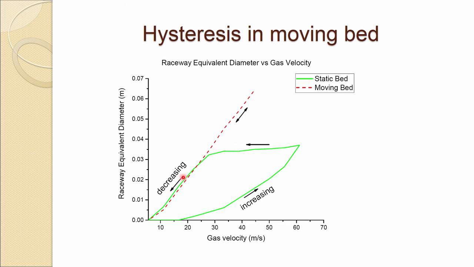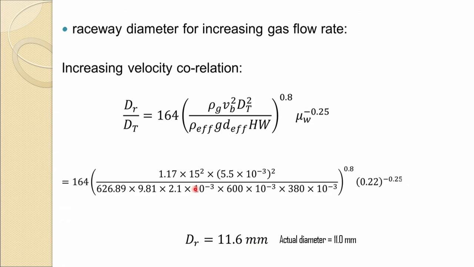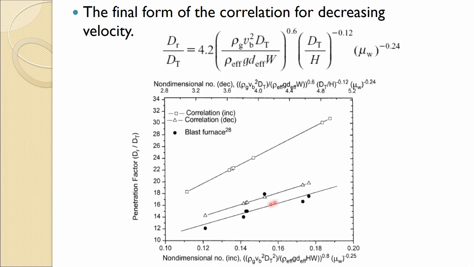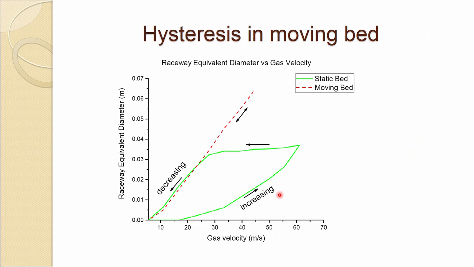They give the same raceway, and that is where these decreasing size correlations fit well with the actual blast furnace and predict the right raceway. So, it is a very important finding that decreasing and moving bed give the same raceway diameter.